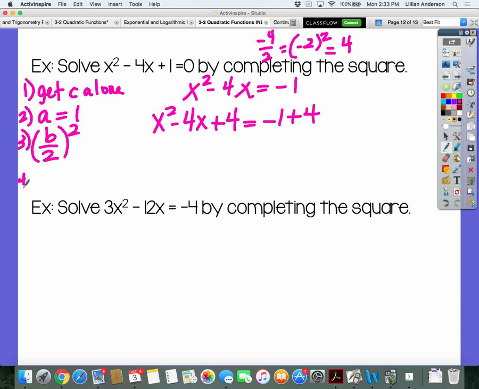Okay? The last step is simplify and solve. Now, simplifying the right side is pretty easy. What is -1 plus 4? 3. On the left-hand side, you're going to factor this. What two numbers multiply to give you 4, add together to give you -4? -2 and -2.